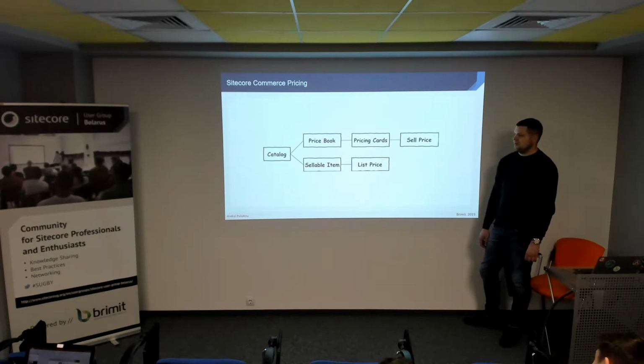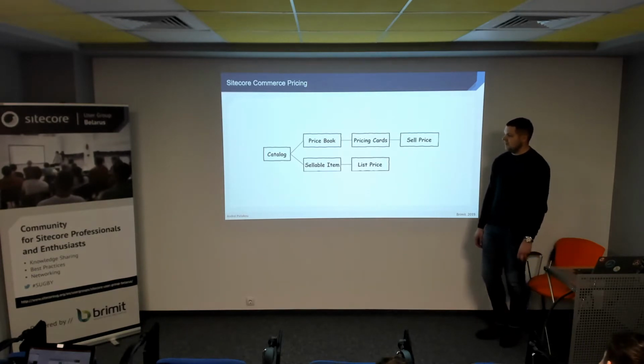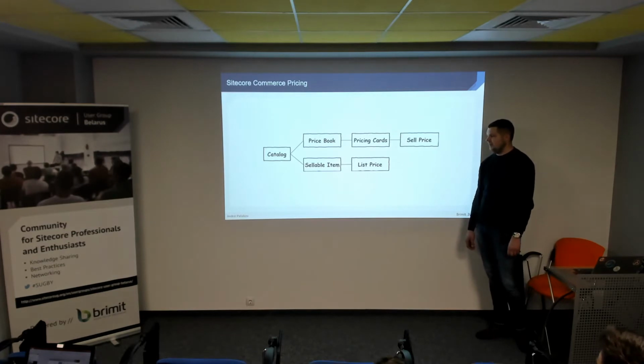Out of the box, it's USD, Canadian dollars, and euro. The second place where we can configure price is the price book. Basically, each catalog can have a reference to a related price book, where we can define a list of price cards. Price cards can have multiple price snapshots.